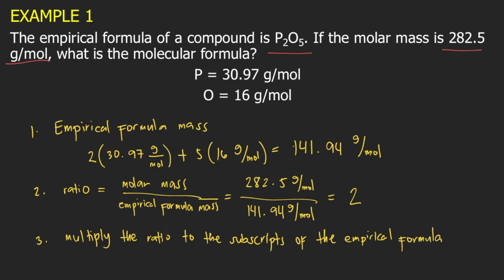So our empirical formula is P2O5. When you multiply the subscripts by 2, you will get P4O10. So this is the molecular formula, and this is the answer to the question.